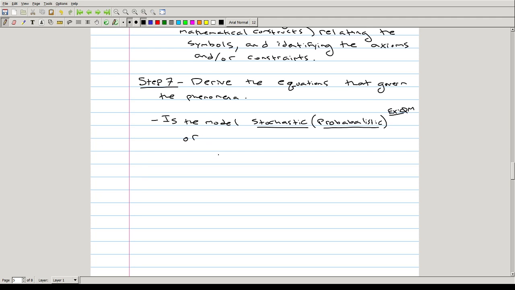Or is the model deterministic? This would be general relativity.